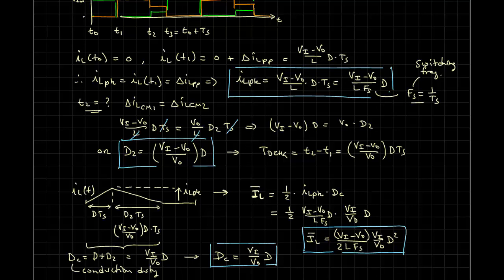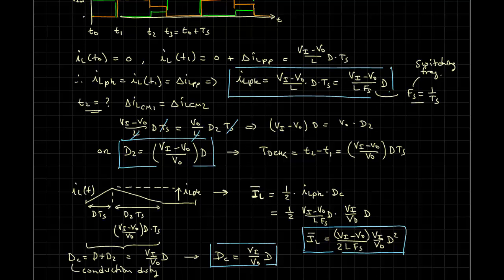Notice that this output current is a function of VI and a function of VO, so if those voltages do change, then clearly the current is going to change as well. However, if you are able to measure VI and you measure VO and you know the value of inductance that you're working with, then you can program the average output current.